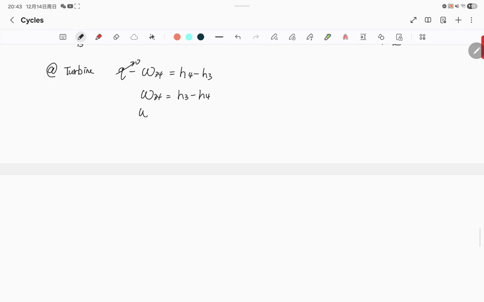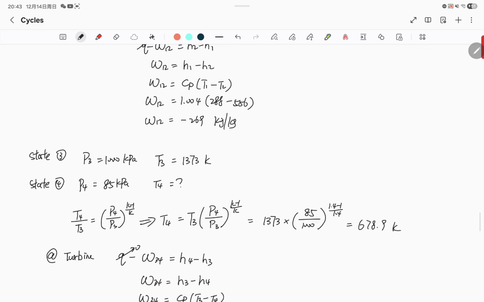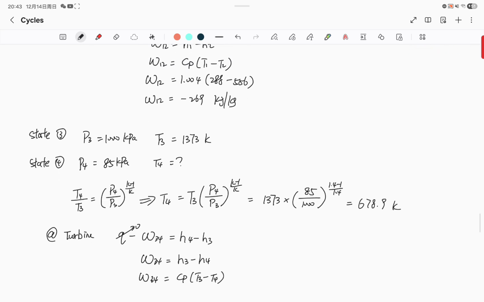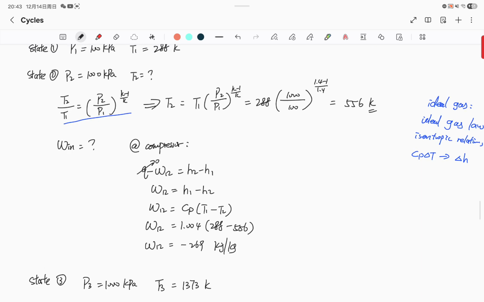Since ideal gas, this is Cp times (T3 minus T4), because we don't have H values for those states. We don't use property tables because the property table is not for air, it's just for liquid water.